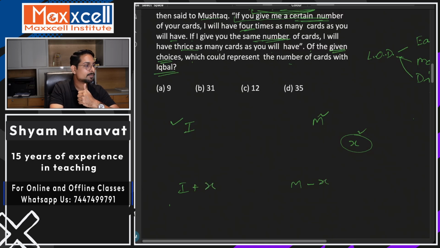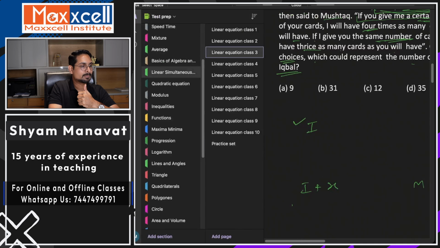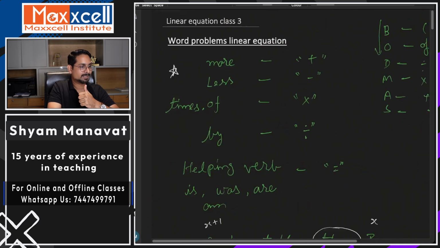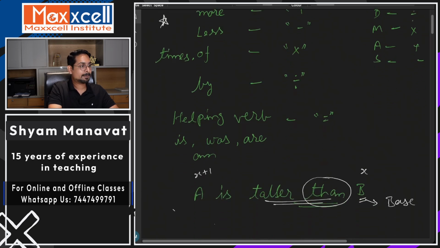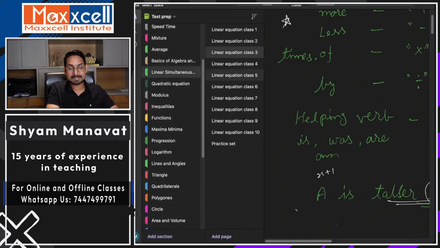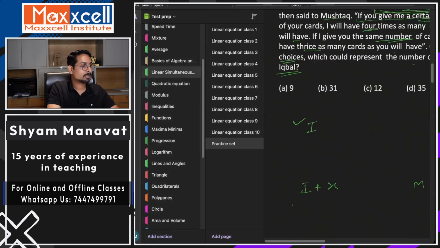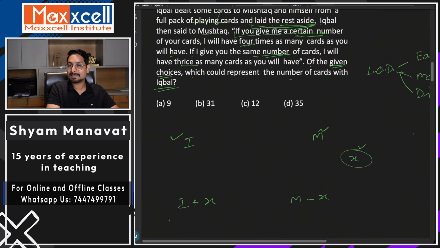Yes. We have solved some word problems where we discussed how you deal with the BODMAS rule, more, less, terms, by, helping verbs. How do you use these English terms to make an equation? Please go through lecture number 3 in case you are still not able to make the equations.